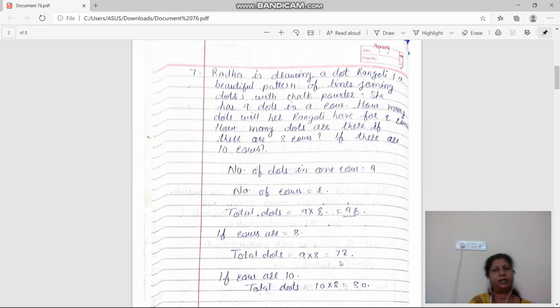So 9 8s are 72. Next, if rows are 10, then total dots is equal to the number of dots in one row, 9, times the number of rows, 10. So 9 10s are 80. Get it? Everyone understand this? Fine. Next one.